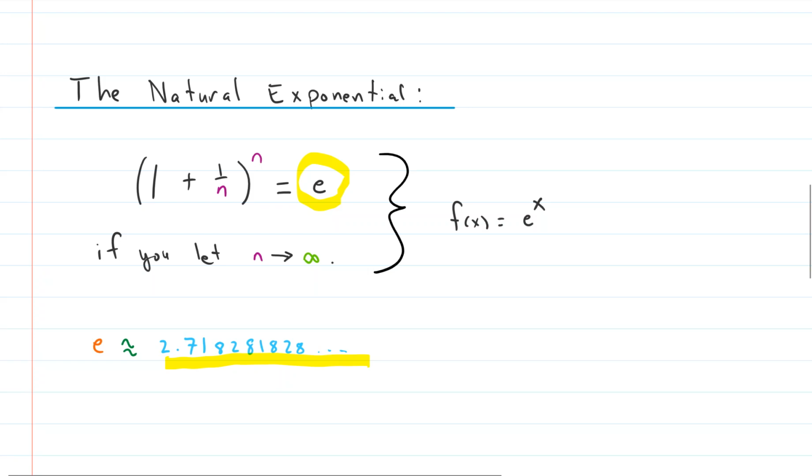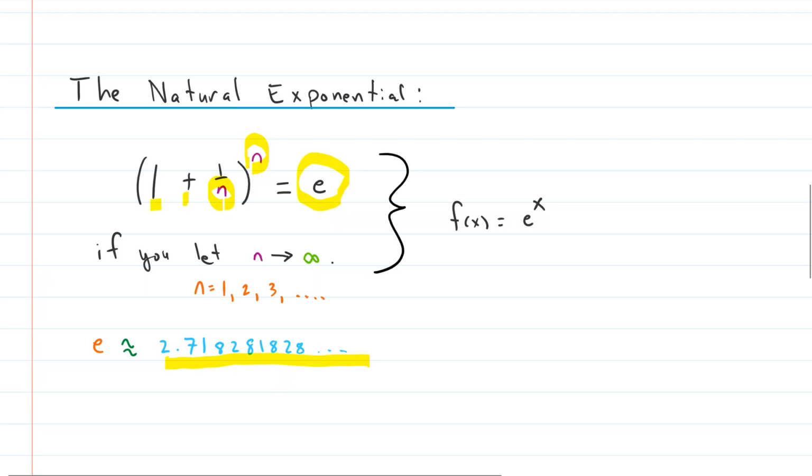It is (1 plus 1 over n) raised to the nth power. And we let n start at 1, and it goes to infinity. So if n starts at 1, and then 2, and then 3, and then it just keeps going on and on and on.